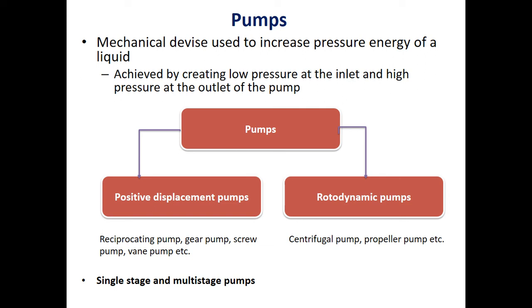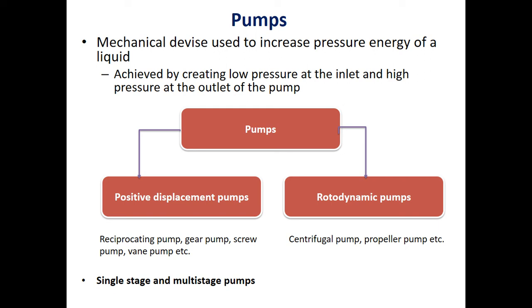You know that in most applications, the pump is used for lifting a liquid from a low level to a higher level. This is achieved by creating low pressure at the inlet and high pressure at the outlet of the pump.